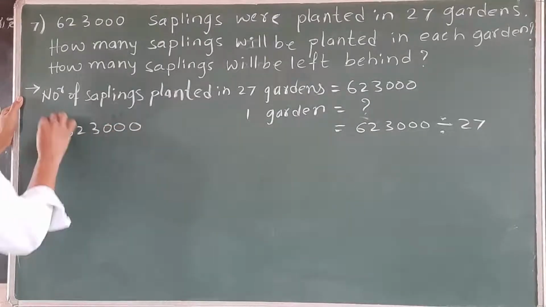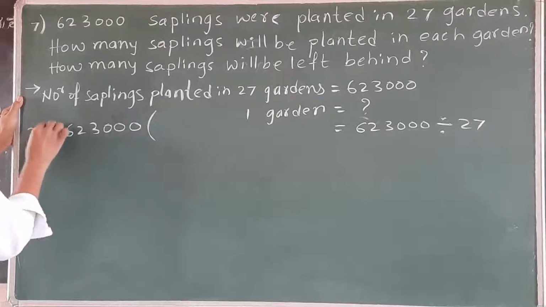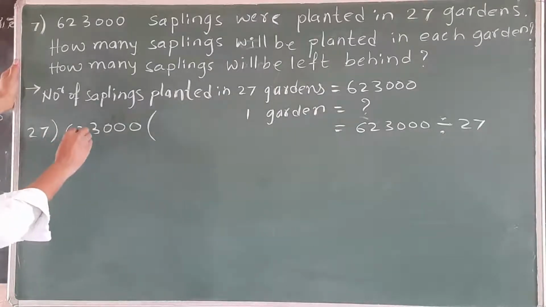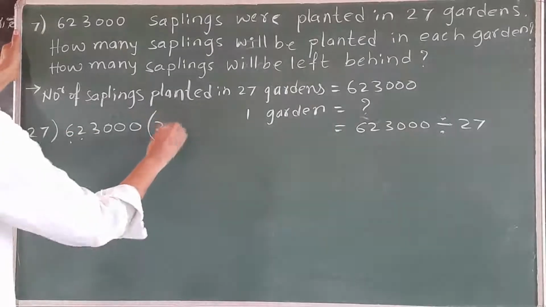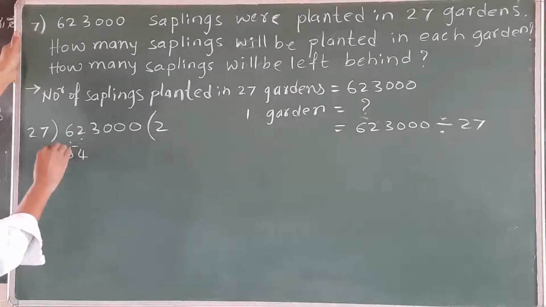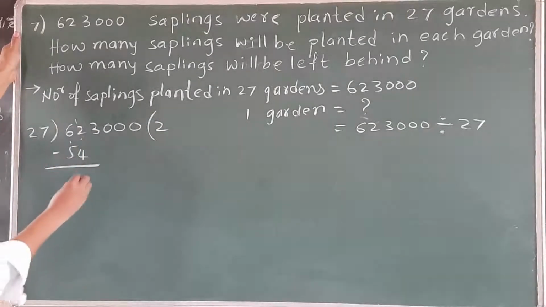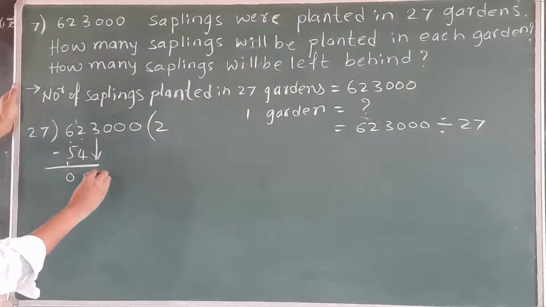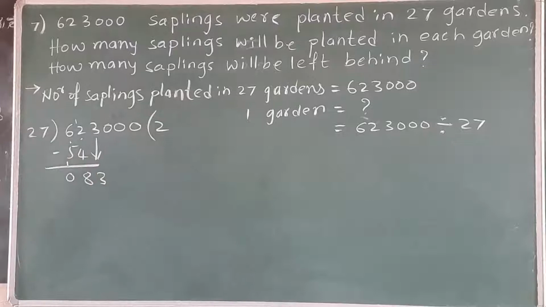623,000 divided by 27. We should know the table of 27 to divide this one. 27 twos are 54. 0, take the next digit down, it becomes 83.